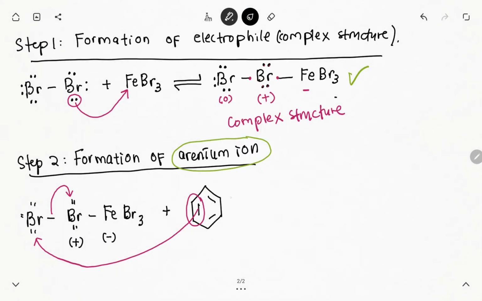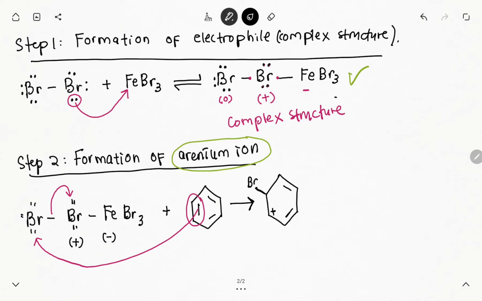So the product forms. What happened to the arenium? From this benzene we have a double bond, so it becomes only two double bonds. One bromine atom is added to a carbon atom, and the neighboring carbon atom becomes positively charged, which is a carbocation. So I draw the plus symbol inside the structure.